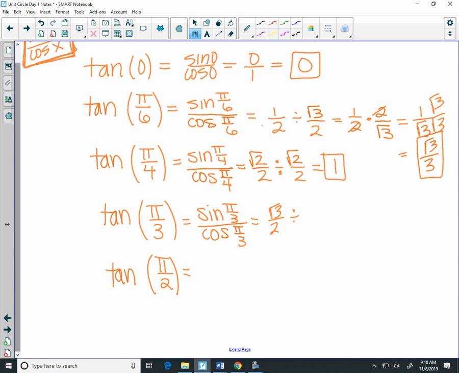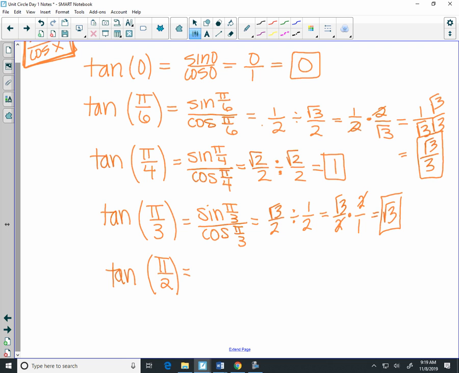Cosine of pi over 3 is 1/2. Flip the second. Flip that 2 up. That makes me happy because my 2's cancel. And you just get radical 3.